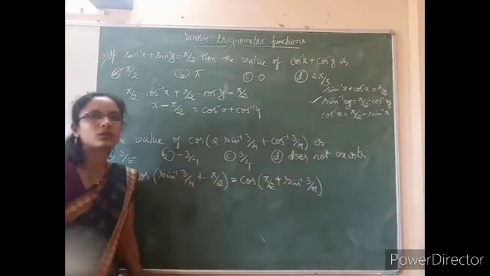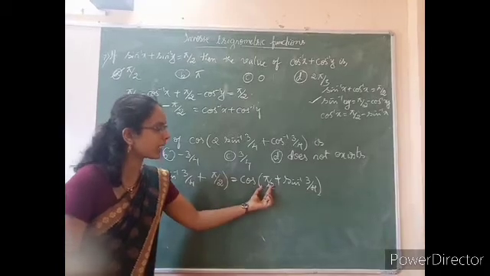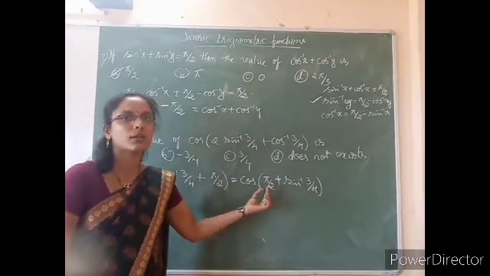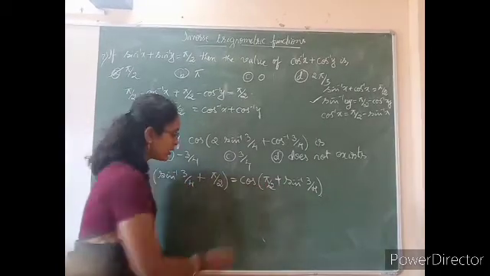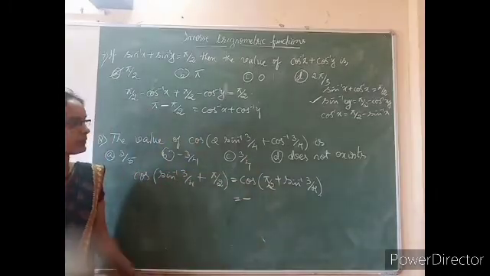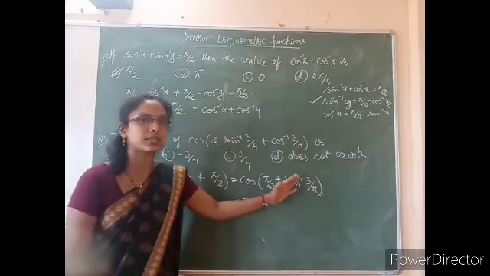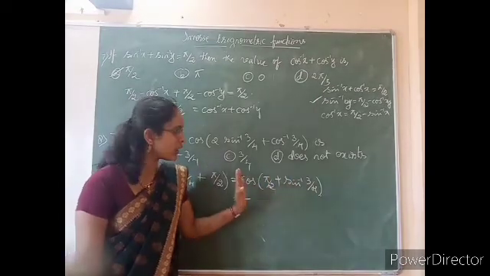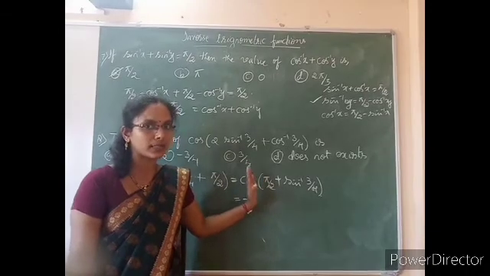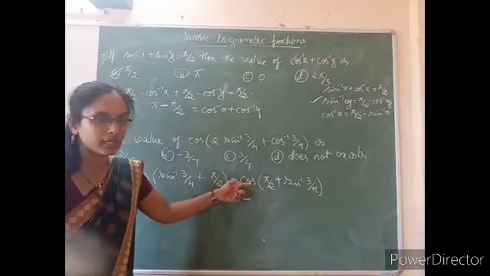Using the trigonometric concept, cos of 90 plus theta, cos of pi by 2 plus theta, is equal to minus sine, because the cos function is negative in the second quadrant. Pi by 2 plus theta indicates the second quadrant. Cos function is negative in the second quadrant, therefore this is minus, and the ratio changes.